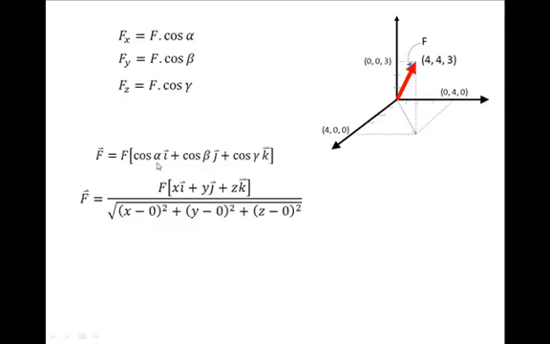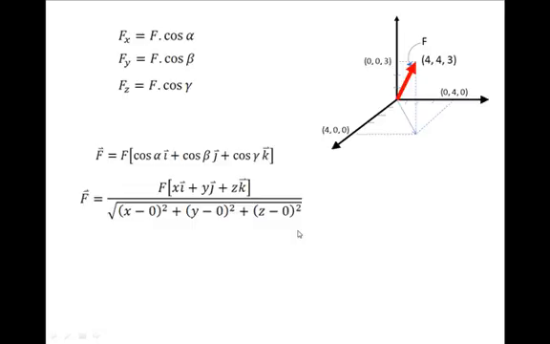Now cos alpha can be written as x upon under root of x square plus y square plus z square. Cos beta is equal to y upon under root of this number, and cos gamma is z upon under root of this number, x square plus y square plus z square.